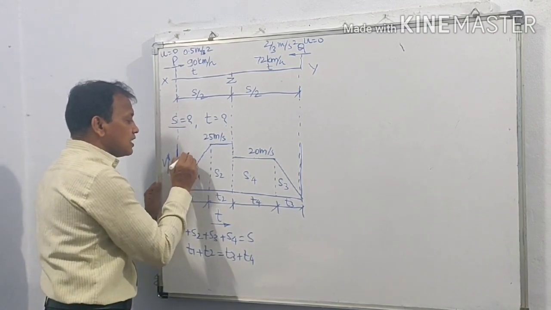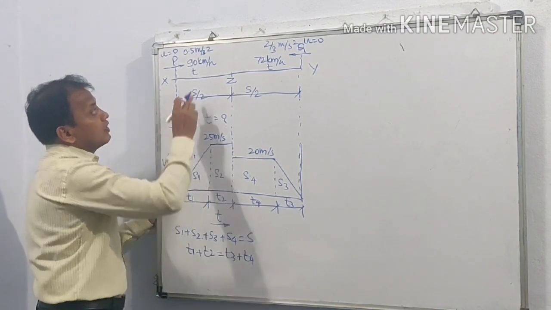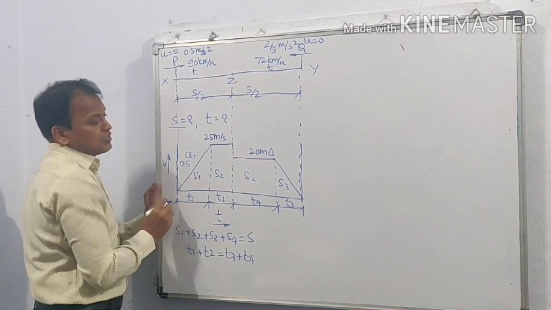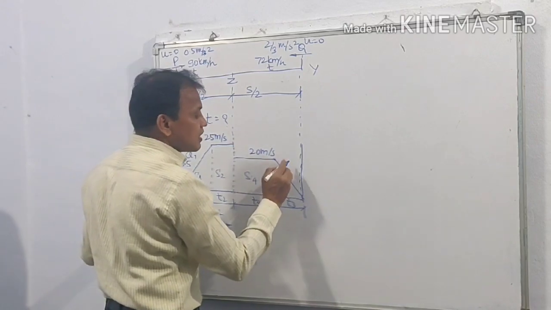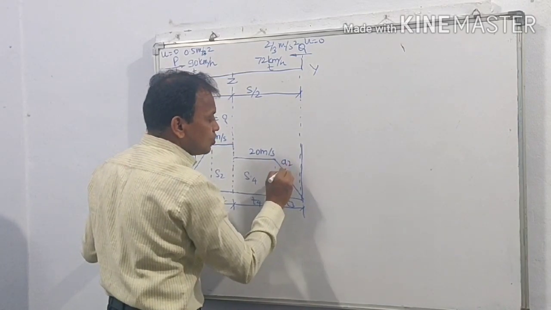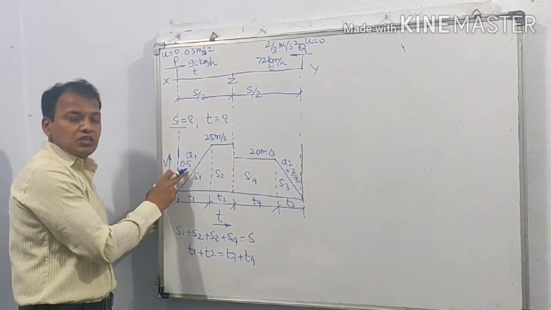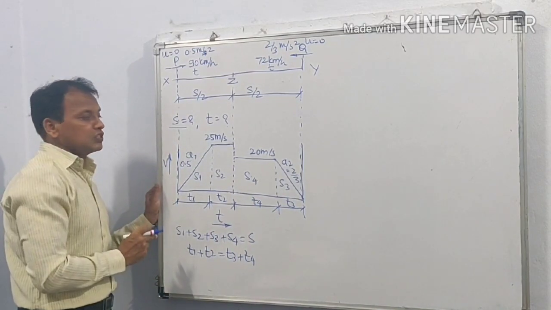Here this acceleration is A1, which is equal to 0.5 meter per second square, and this acceleration is A2 and is equal to 2 by 3 meter per second square.